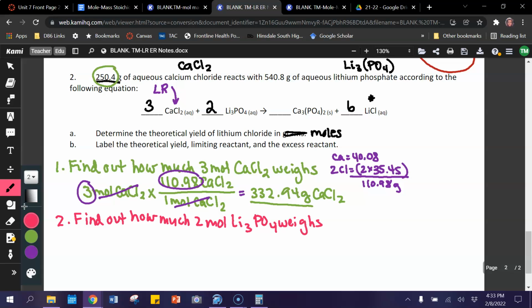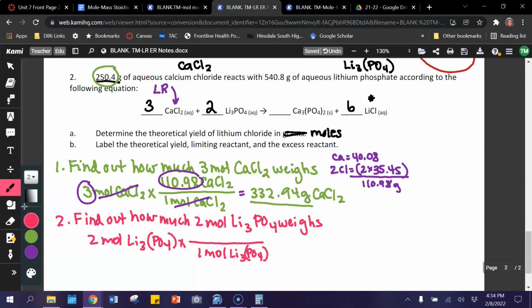So I'm going to follow the same pattern here. 2 moles of lithium phosphate, and I'm going to multiply that by my equation that I already know, that 1 mole of any substance is equal to the molar mass of that substance.